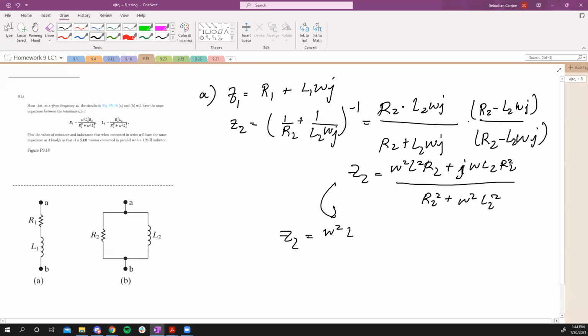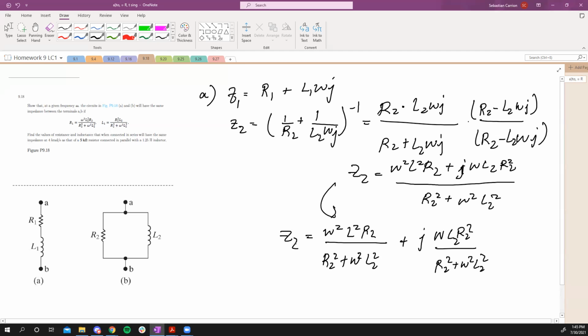So R1 equals R2 times omega squared L2 squared over R2 squared plus omega squared L2 squared.